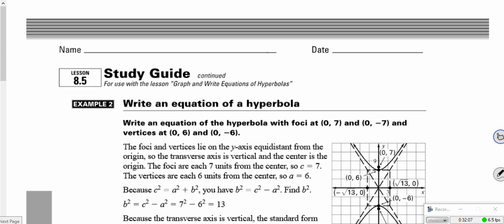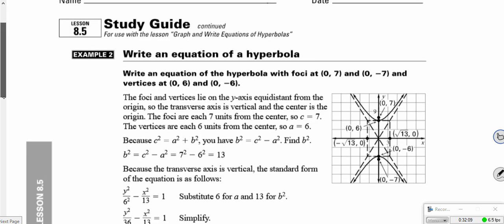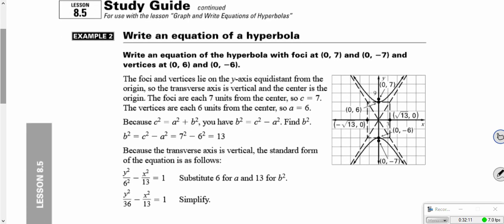Now, if they give us a graph or they give us some important pieces, can we come up with the equation? Absolutely. We need vertices, and asymptotes are good, or foci, and then we can find the b. So here they gave us foci. Remember, that is going to give us our c, right?